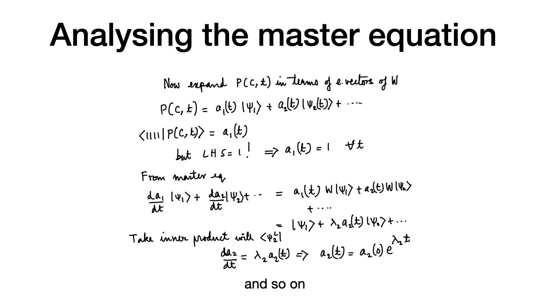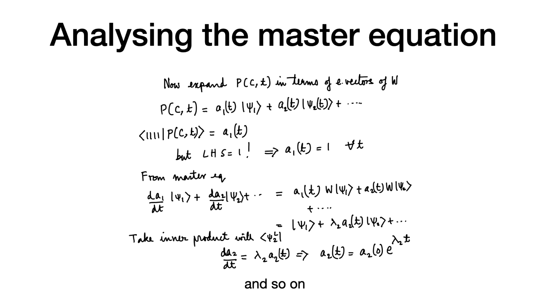But what is the LHS? LHS is the sum of the entries of P of C, t, which we already showed is independent of time. It is 1. This is the sum of the probabilities of all the configurations, and RHS is A1 of t. So A1 of t is always 1.